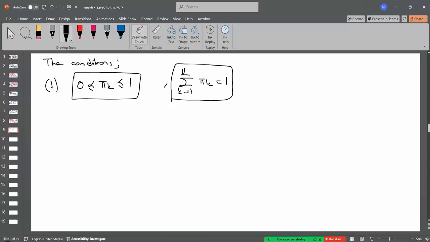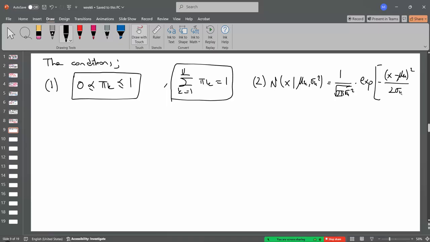So the total weight factor must be equal to 1. Second, N(x | mu k, sigma k square) is equal to 1 divided by the square root of 2 pi sigma k square, times the exponential of minus (x minus mu k) squared over 2 times sigma k square. These are the two conditions.